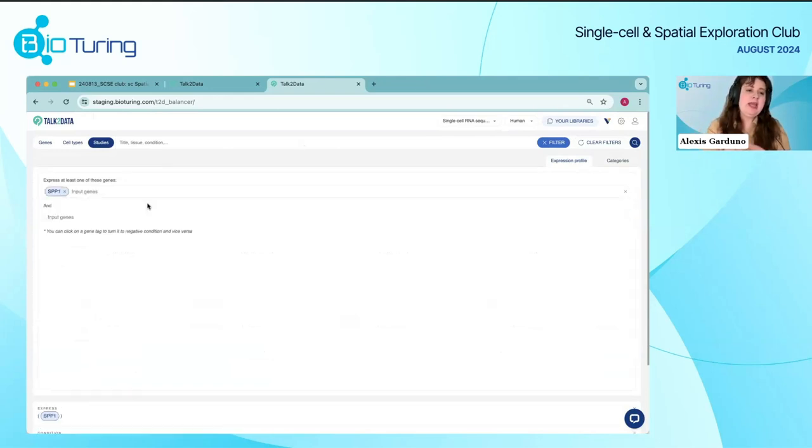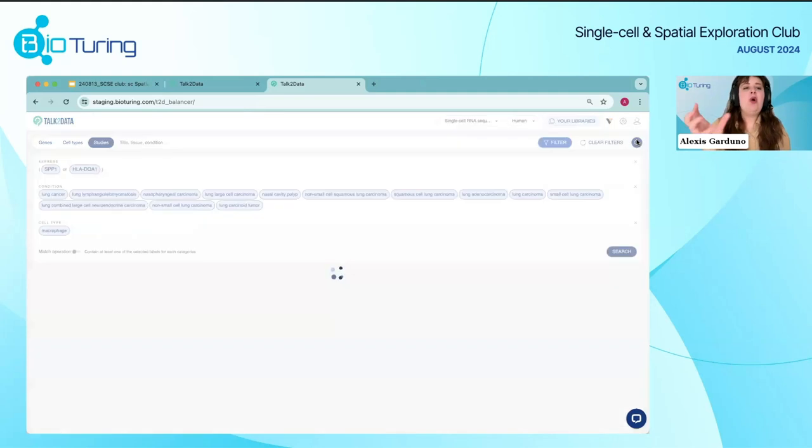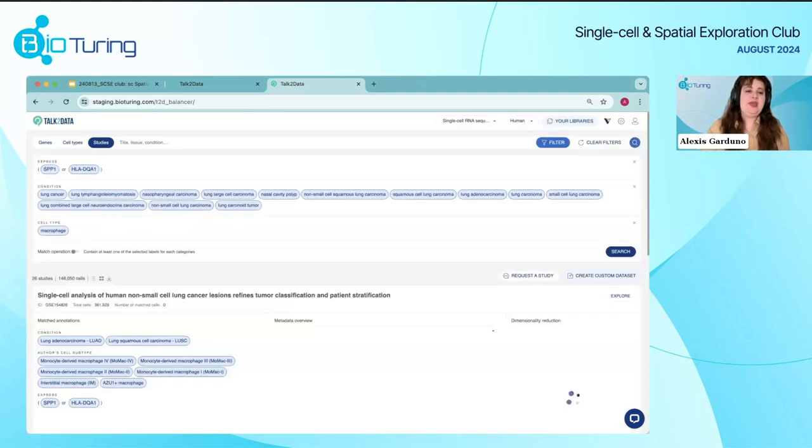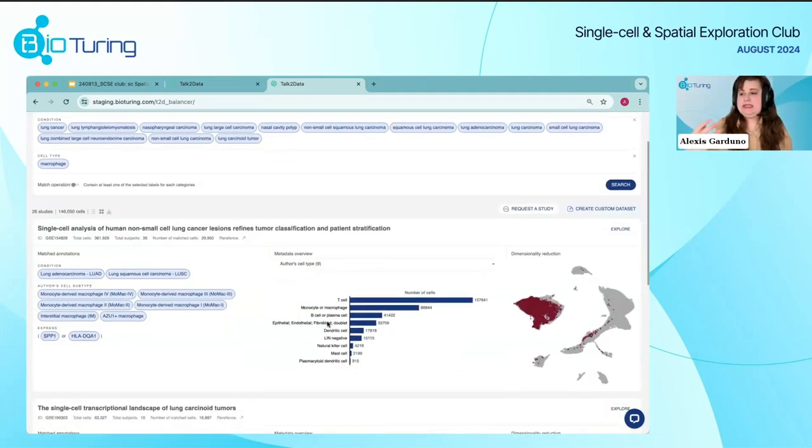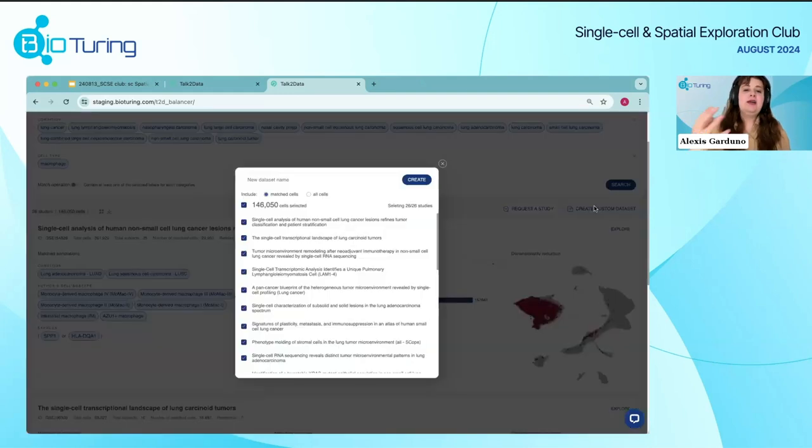So I'll select SPP1 as well as HLA-DQA1 in this analysis here, just so I'm able to make sure I'm filtering only those cells relating to that analysis. So again, I can see here once I create the custom data set that I identify these 146,000 macrophage cells, specifically having that expression pattern. And from here, the next step is to create a custom data set.